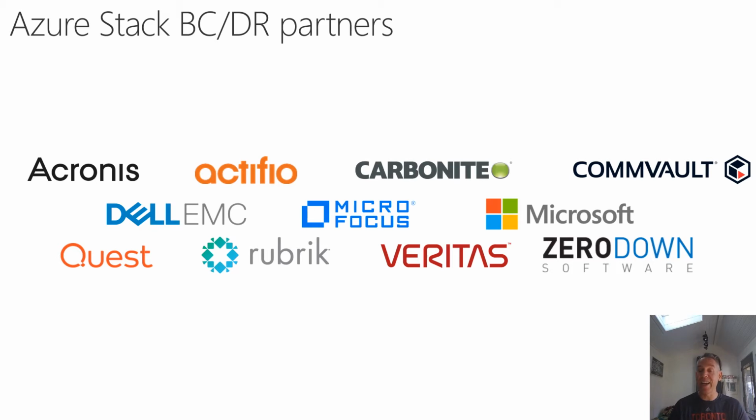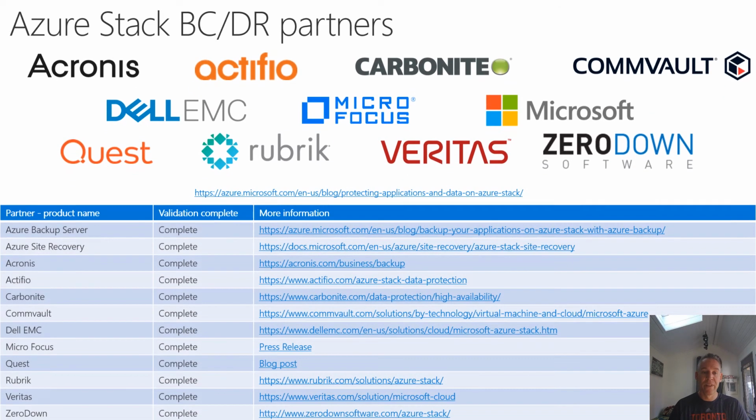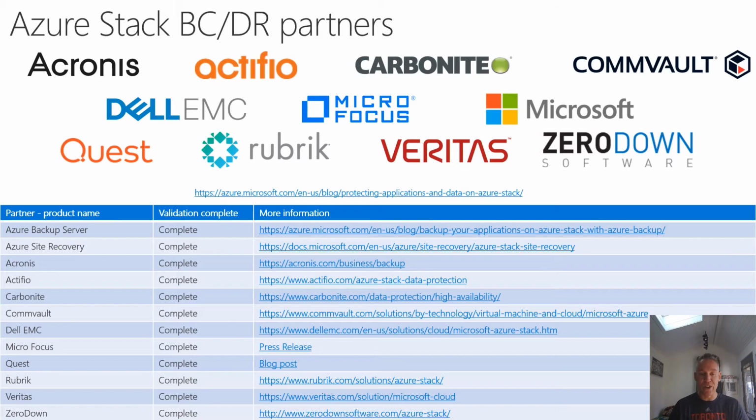We had a plug fest with a number of backup solution providers in Redmond, where they worked live with their tools running against our Azure Stack instances. So all these vendors here have solutions that can perform backups or replication or some kind of availability solution. These are all big vendors in the space, so you can look at these. Links to all of their solutions.